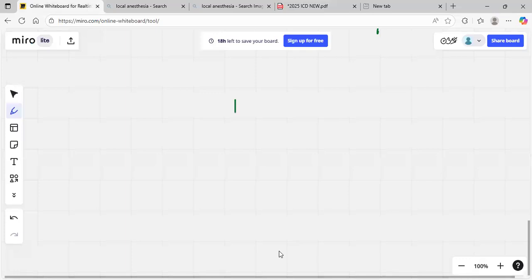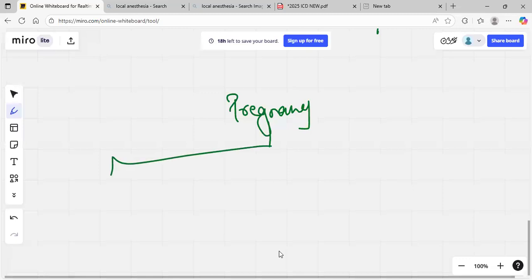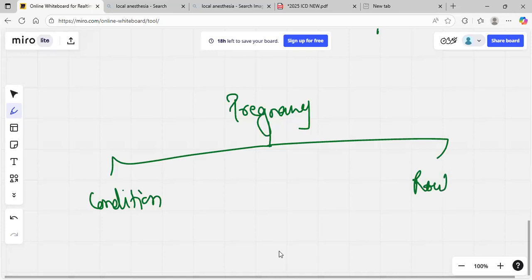Whenever there is a pregnancy, either the patient came with a condition, any complication, any issues, or the next situation is the patient does not have any condition and just wants to come for the routine checkup.